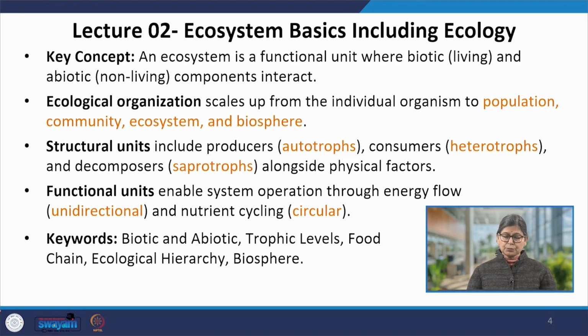Structural units include producers, autotrophs, consumers, heterotrophs, and decomposers, saprotrophs, alongside the physical factors which we discussed as abiotic. Functional units enable system operation through energy flow, which is unidirectional at each and every level, where only 10% is going forward, and the nutrient cycle, which is circular in the natural case. Keywords we discussed: biotic, abiotic, trophic levels, food chain, ecological hierarchy, and biosphere.